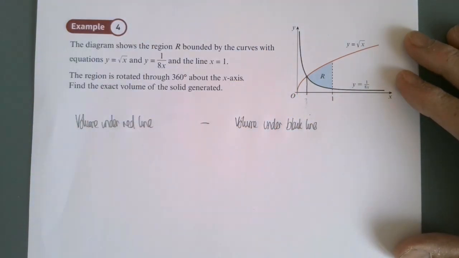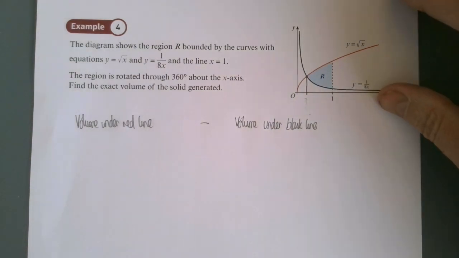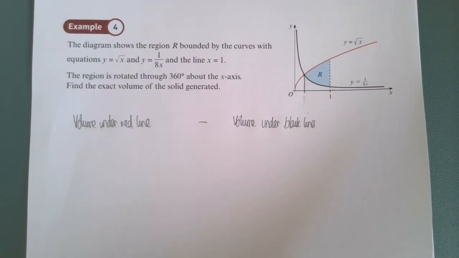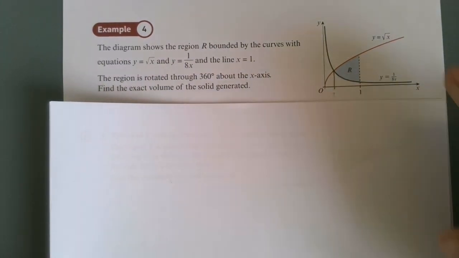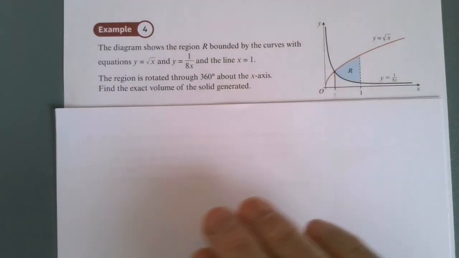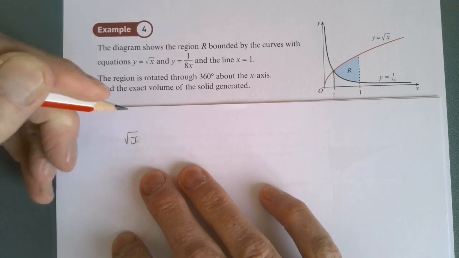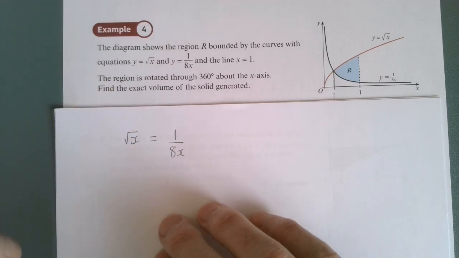But of course, before we can do any of that, we need to know this point here. That point is where the 2 lines cross. So we better quickly work out where that point is. So let's ask, where does the square root of x cross 1 over 8x?